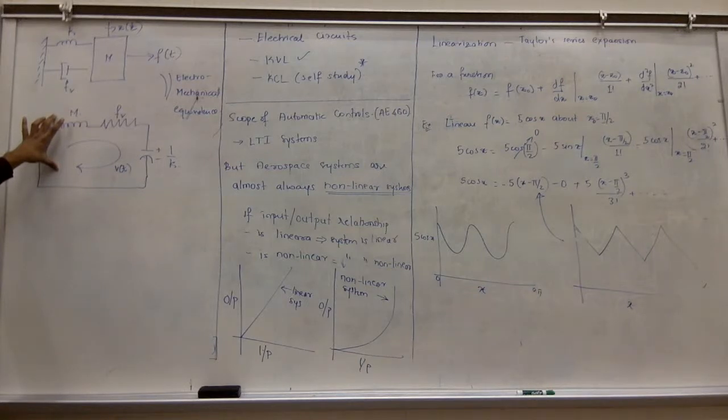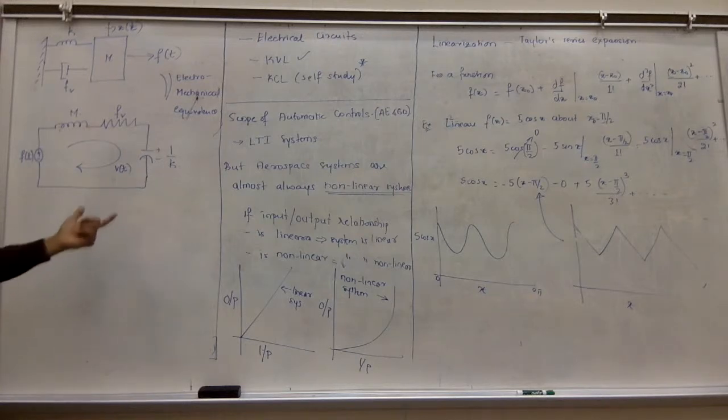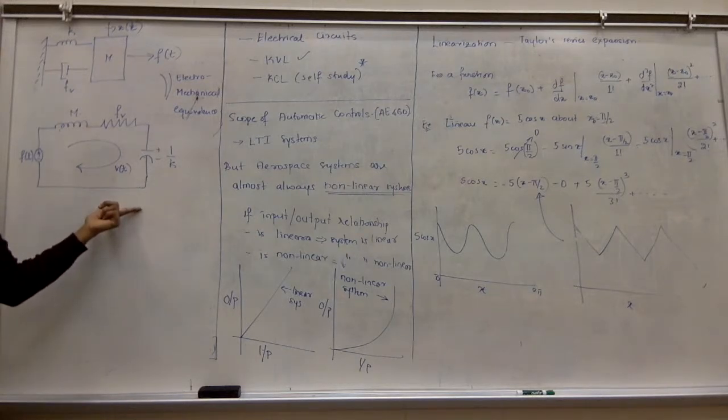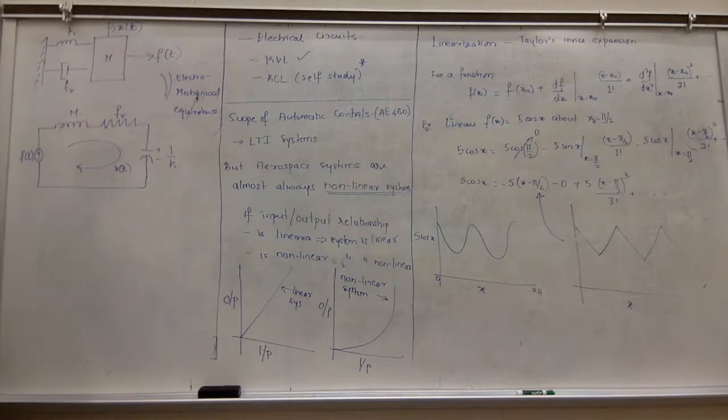You understand? So this is a mechanical system, this is an electrical system. Once you have developed that mathematics, they will look the same. And when you seek a solution, this is the power of mathematics: you don't know what system you are seeking a solution for. You're seeking a purely mathematical solution.